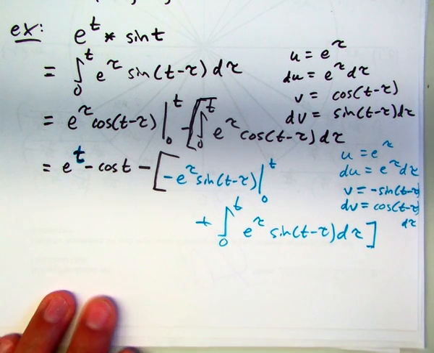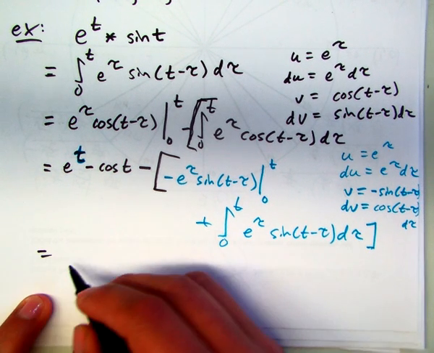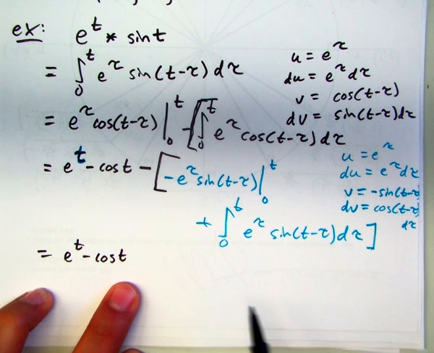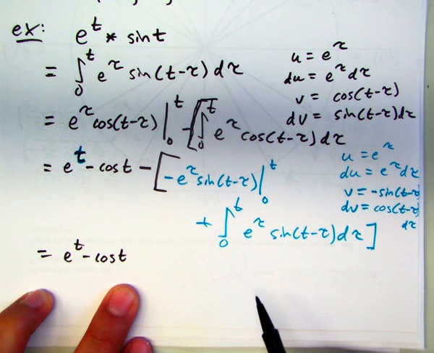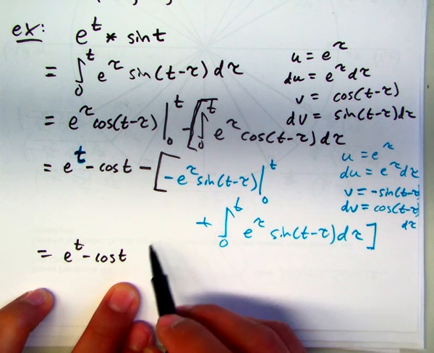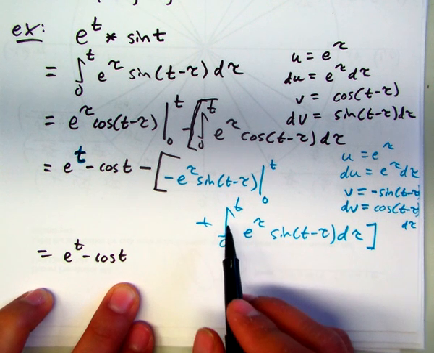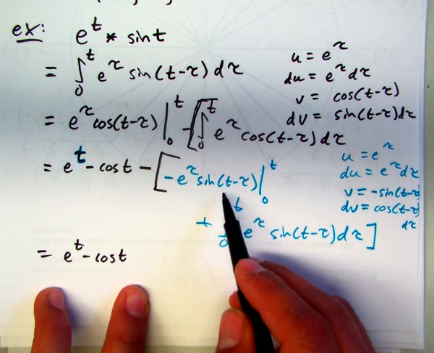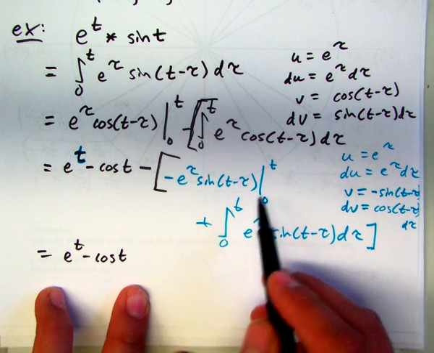So if we clean some things up, if you plug in t, it gives us sine of 0, so that's 0 entirely.